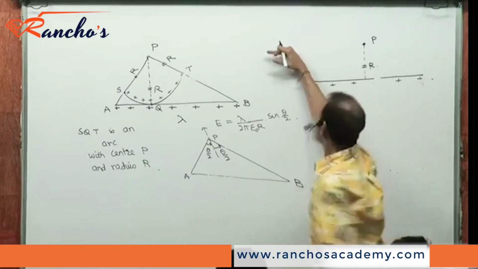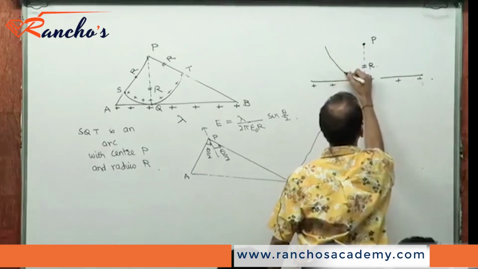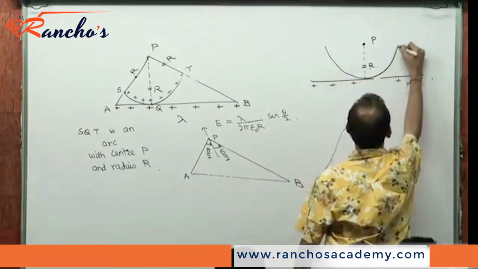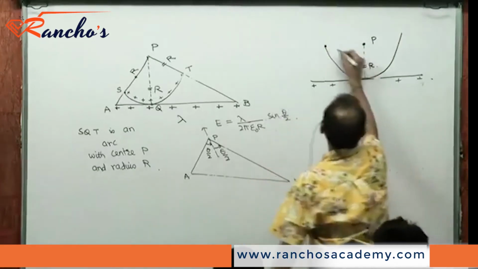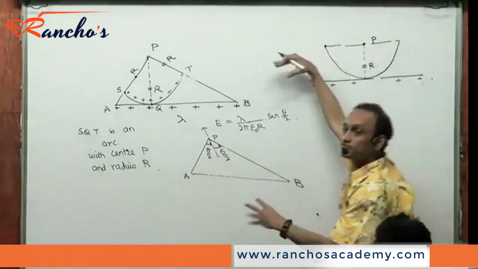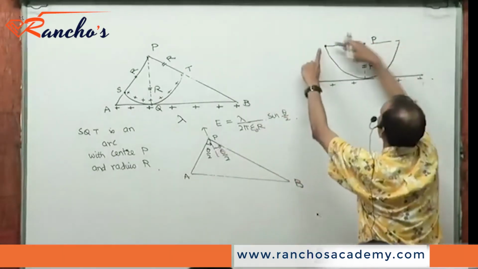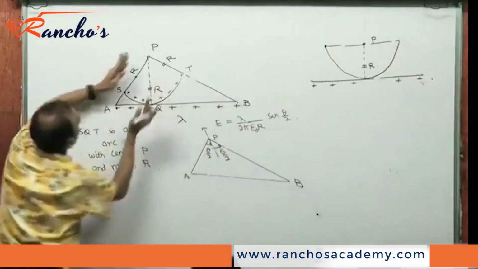Right? So then if I draw an arc, this would be my arc, a semicircle. It's like PA opening up.